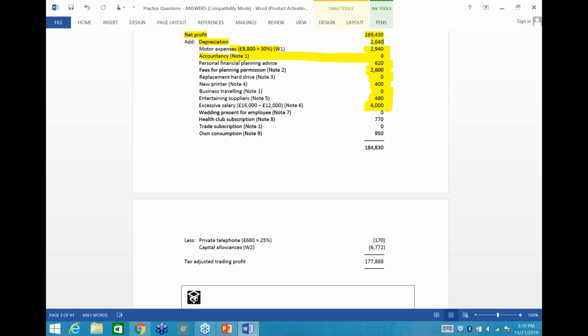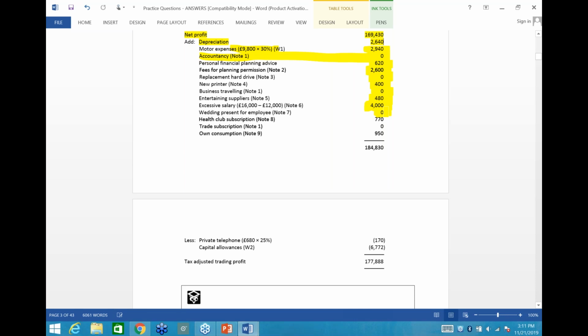Now, 75 pounds in respect of a wedding present. That is an allowable expenditure, wedding present for employee, because it's for the purpose of employment. If you're incurring something on behalf of your employee, it's always allowable. So that 75 pounds is an allowable expenditure, no adjustment required.